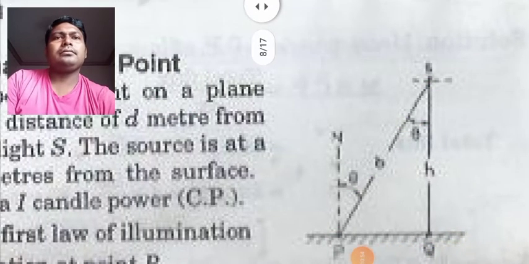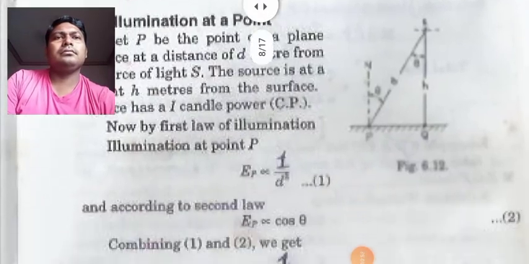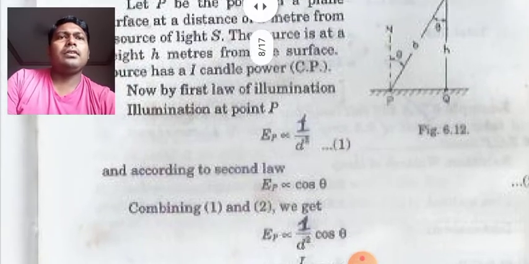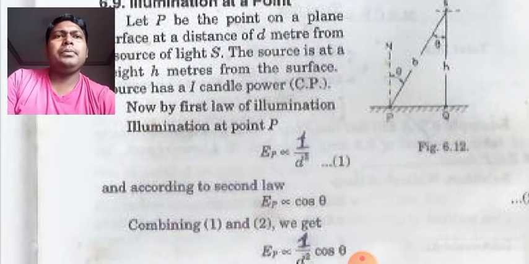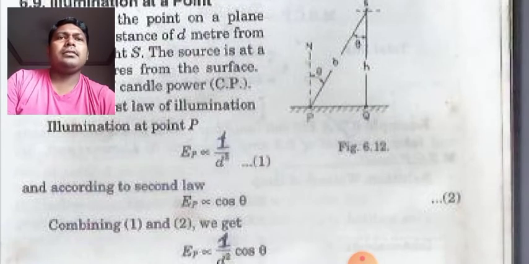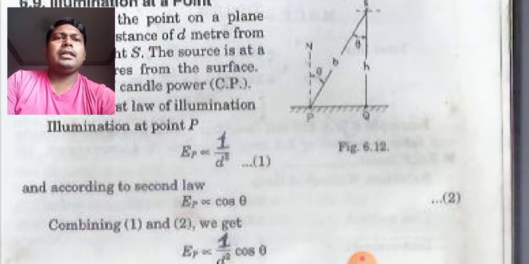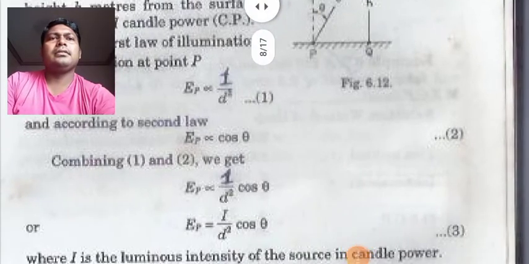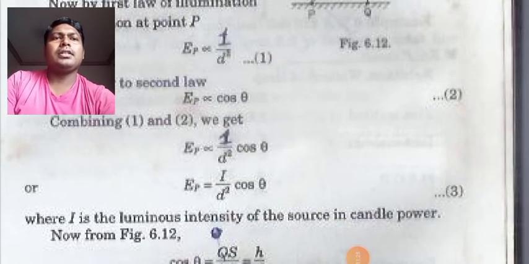Now according to the first law of illumination at point P, EP is proportional to I divided by d square, and according to the second law, EP is proportional to cos theta. Combining these two equations, we get EP proportional to I divided by d square into cos theta.